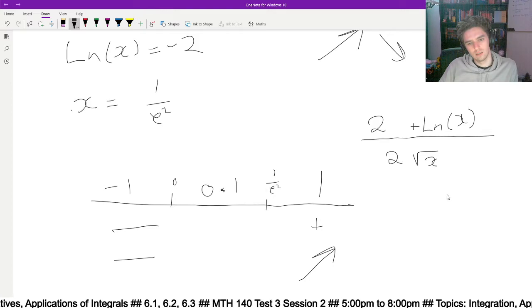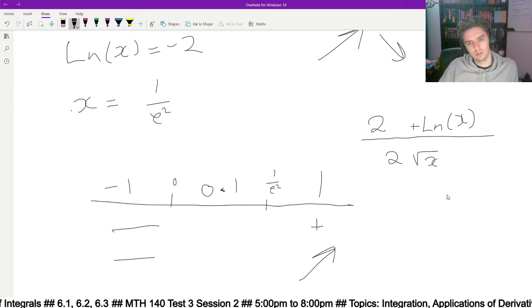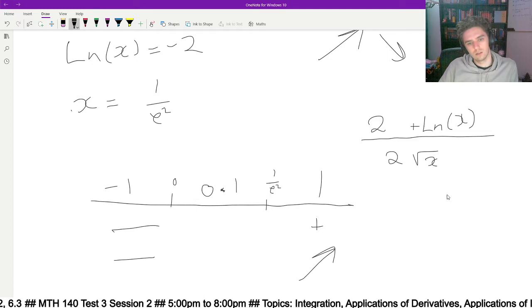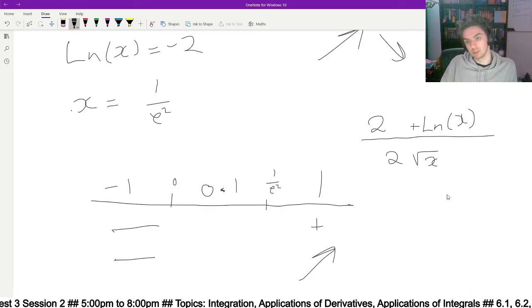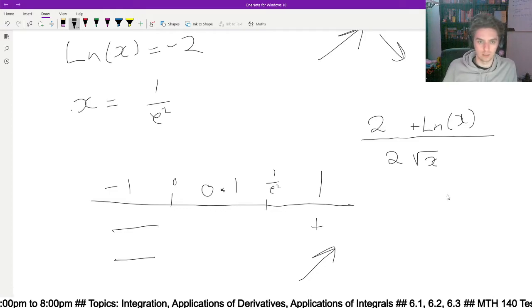Because if you look at our bottom, that's going to be a vertical asymptote, and it shouldn't exist past our 0 on the left side. That seems right to me. Also the derivative doesn't exist past negative, so it just doesn't go.